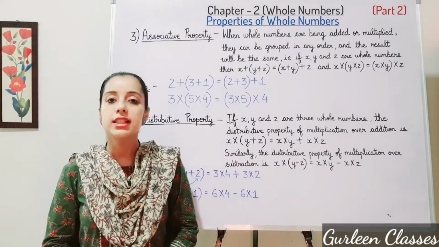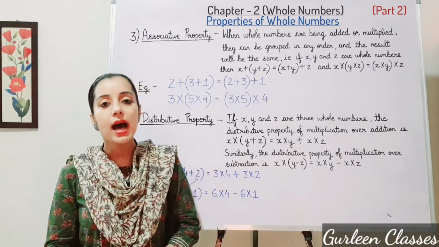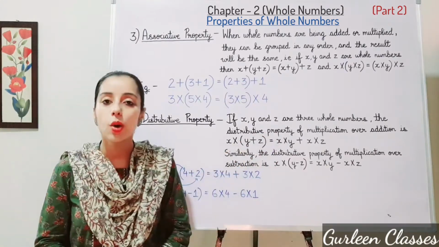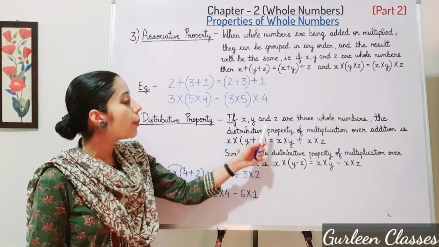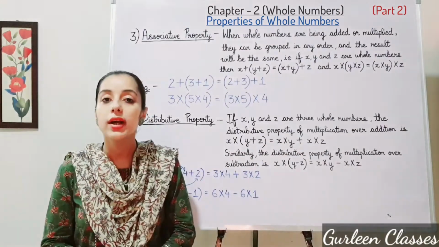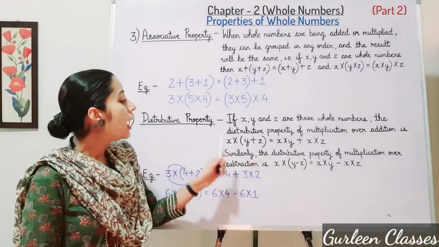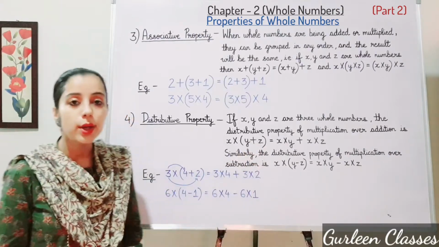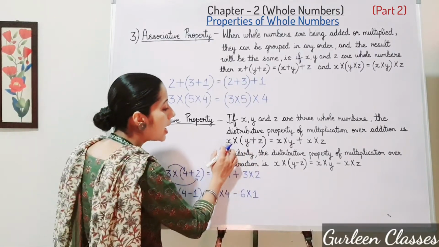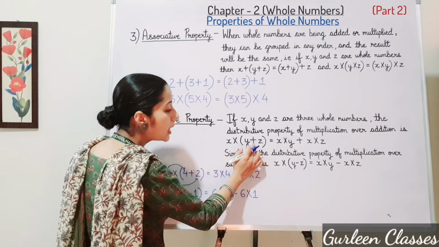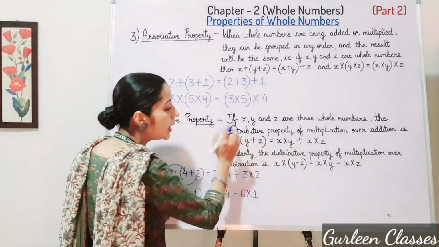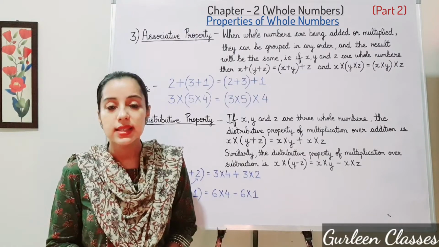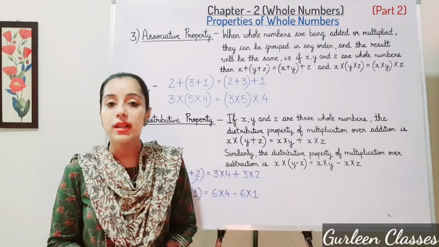Fourth property, distributive property of addition and multiplication. If x, y and z are three whole numbers, the distributive property of multiplication over addition is x into bracket y plus z is equal to, you have to open the bracket, x into y plus x into z. Students, if you remember chapter number 1, expanding brackets, I explained how to open the bracket.